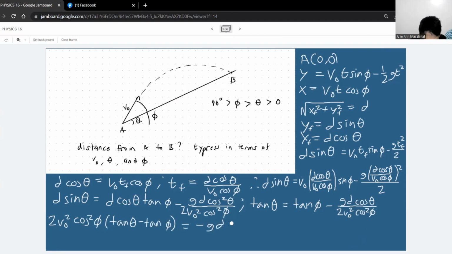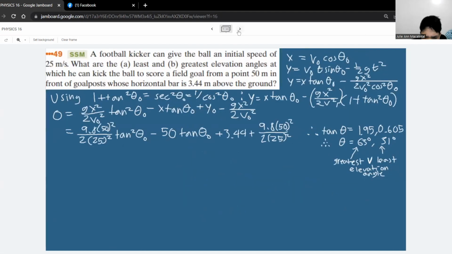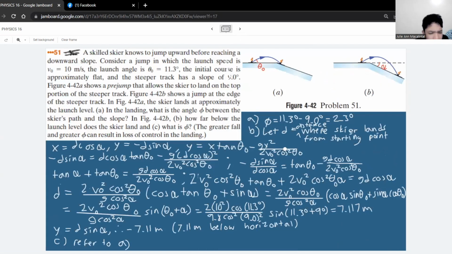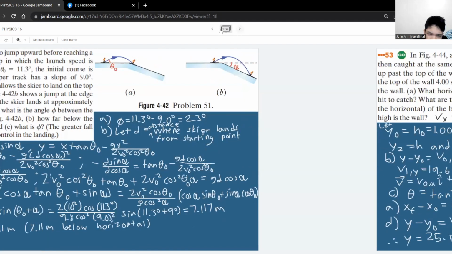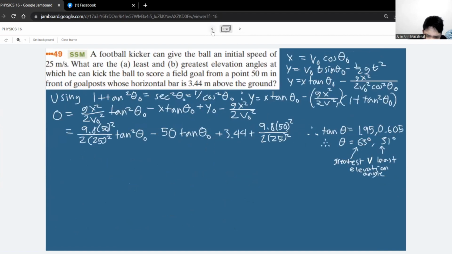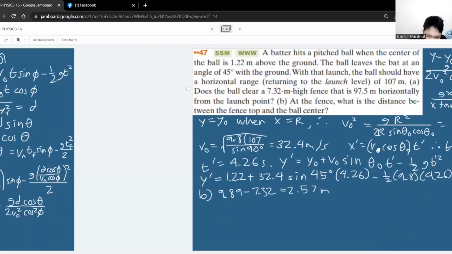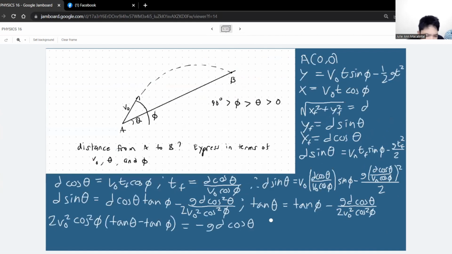Cosine theta, v naught, plus D, cos sin cos, theta minus phi, cosine squared phi.